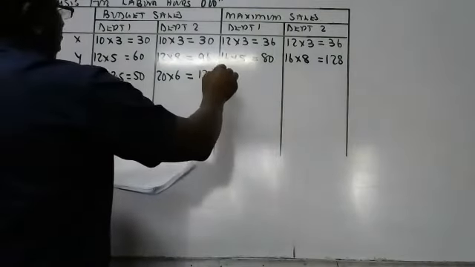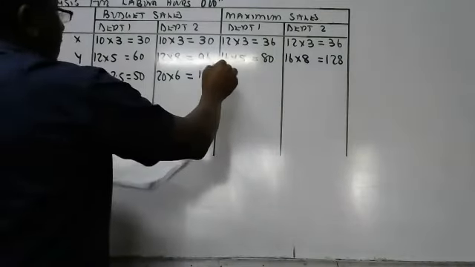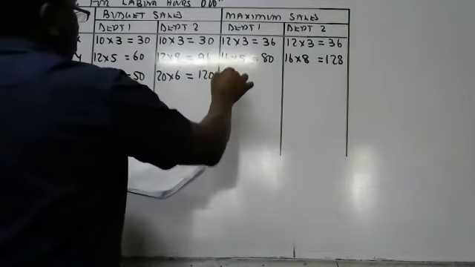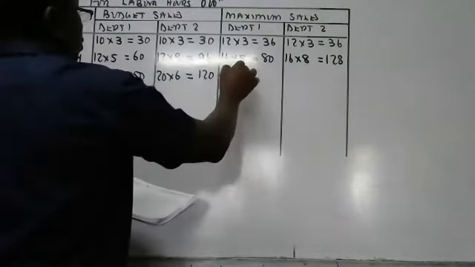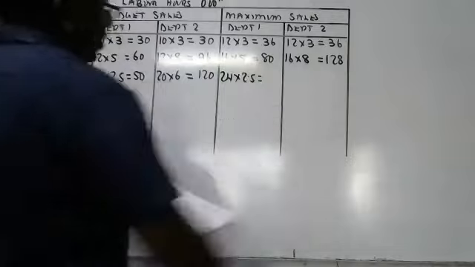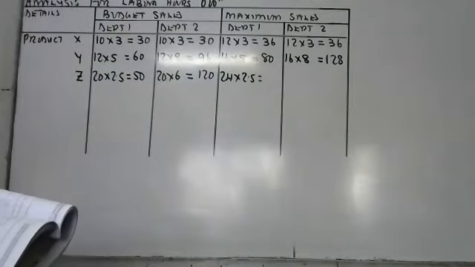So when I come here, this is 24 at 2.5. That must be 60.